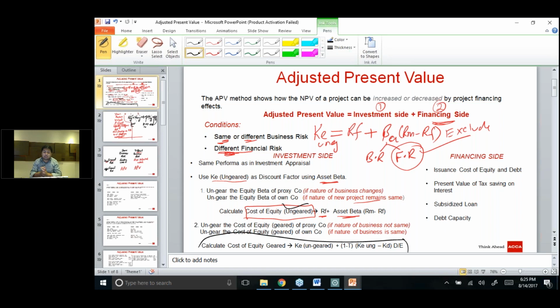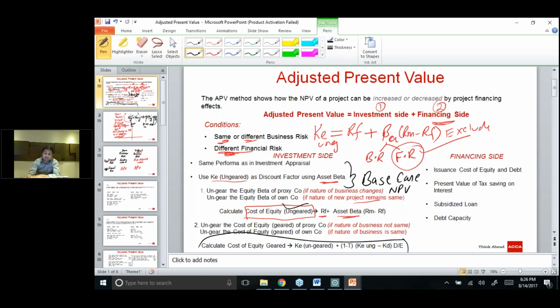So that's how you calculate ungeared cost of equity, and using that ungeared cost of equity, discount all the relevant cash flows of the investment appraisal, and the answer of the investment side will be the base case NPV.